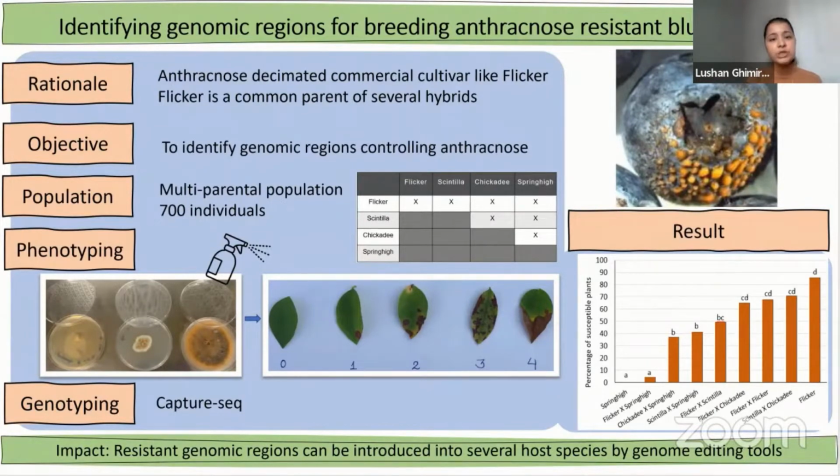And the same population was genotyped using capture sequencing. Now, this method of sequencing allows us to extract genomic information from the regions of our interest. Now, let's look at this graph to our bottom right here. Preliminary results from phenotyping showed that the crosses were segregating for the percentage of susceptible plants.